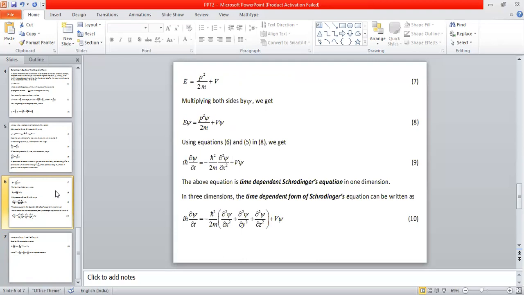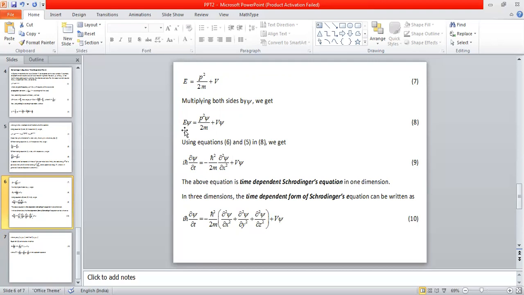Now I also told one more thing. We wanted to know the operator form of momentum and energy. This is clearly evident in equation 9. In the place of E, we have written iħ ∂/∂t. In quantum mechanics, the total energy of the particle is an observable. According to one of the postulates of quantum mechanics, which we are going to discuss a little later, each and every observable is represented by an operator.